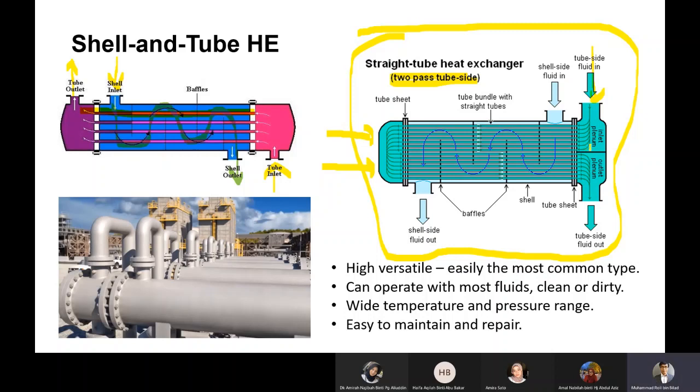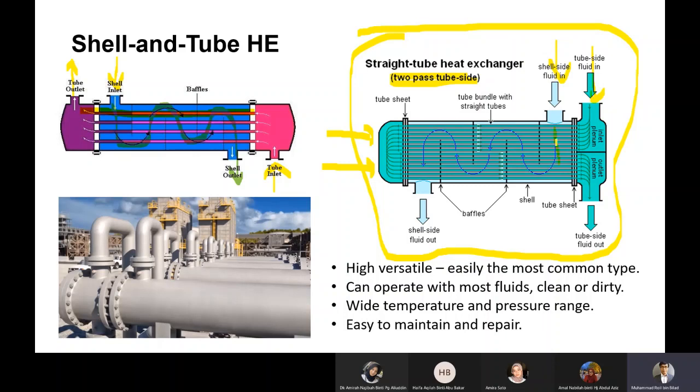It equalizes the level here so that it flows through the interior of the tubes to the other side. It mixes here, goes down, levels up again, and then goes through the pipe in the opposite direction, collected in the outlet plenum and then goes out. So this is the tube side flow, and you have the shell side fluid here, which goes in here.